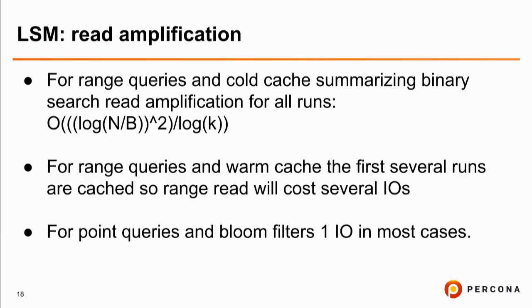So for a cold cache, this formula can be applied to count read amplification, but it doesn't really matter if we consider a warm cache. In the case of a warm cache, read amplification costs several IOs. For point queries and Bloom filters, in most cases this can be one IO.